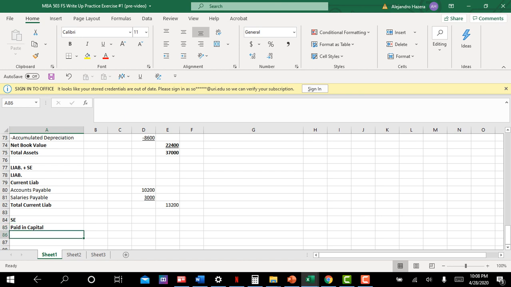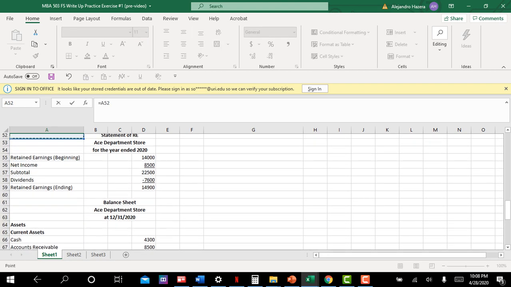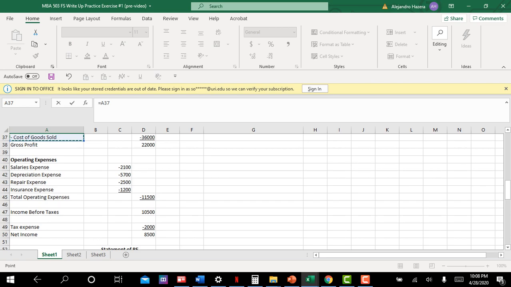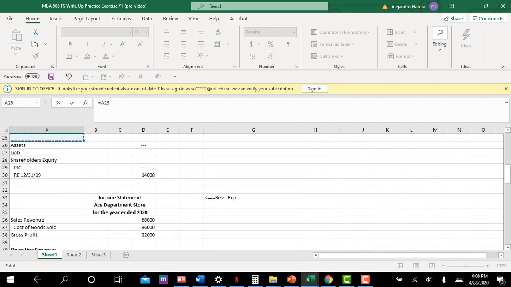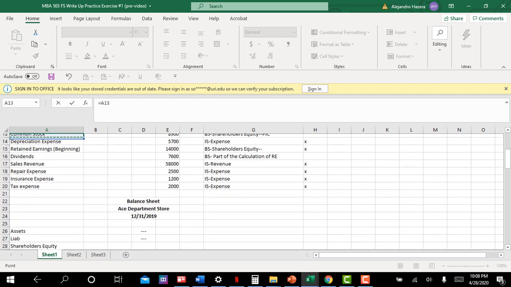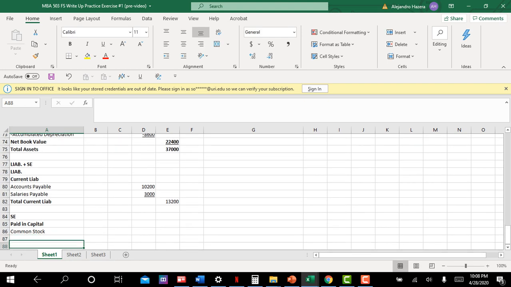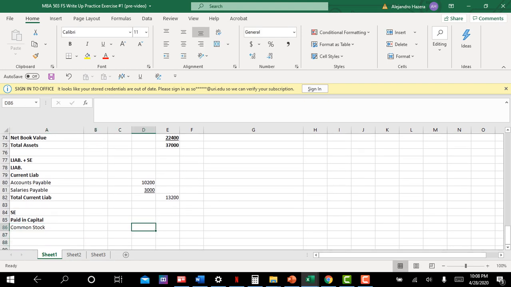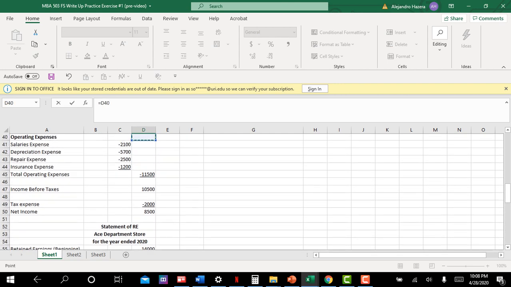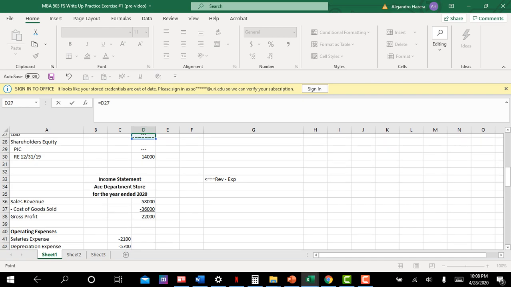I just have a common stock account here, so we'll just do that. And that might be real. There's circumstances where some companies don't even have a par value, so you wouldn't have any additional paid in capital. Anyway, so common stock, that's my total paid in capital, and common stock is equal to, let's see what we got here.